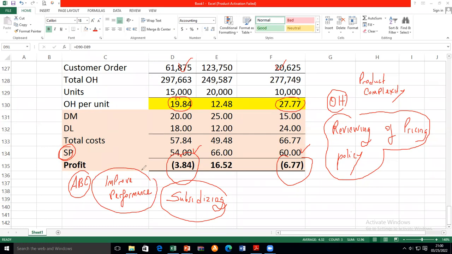So we need to improve the performance of the company, or if we can't increase the price, what else can we do?